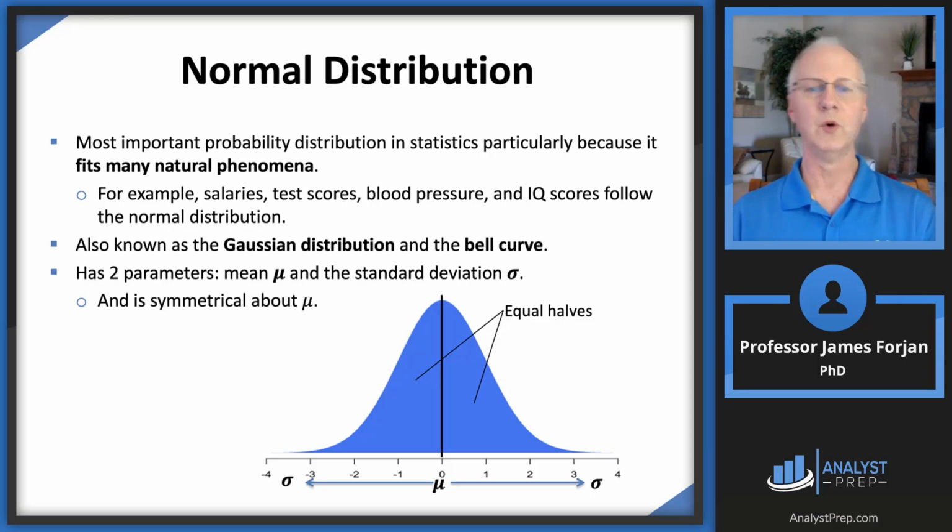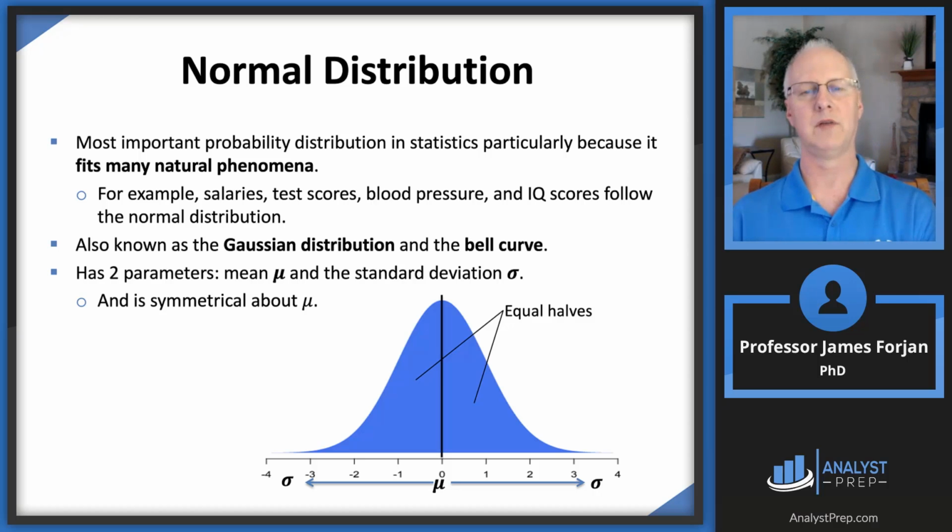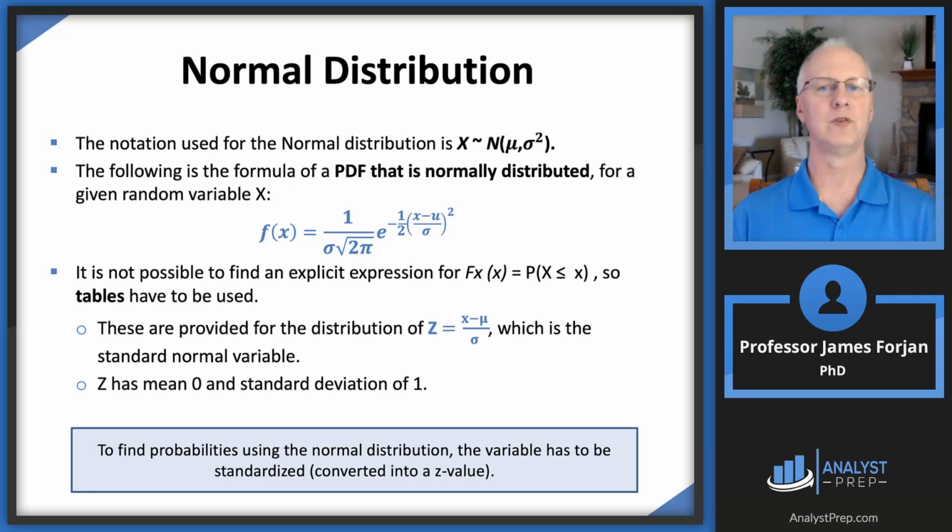Then we move to the right by standard deviations, and we move to the left by standard deviations. It's interesting that you can add 1 and 2 and 3 and 4 standard deviations, and you can get certain predictive outcomes based on how far you're moving away from the mean. We'll talk about that in a few slides. There's the PDF. It is normally distributed.